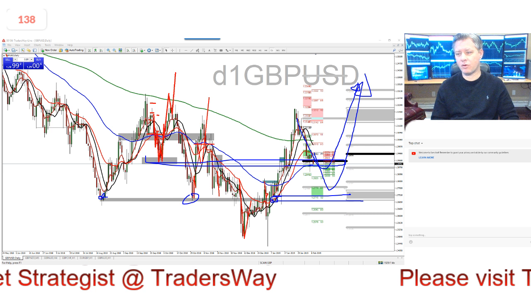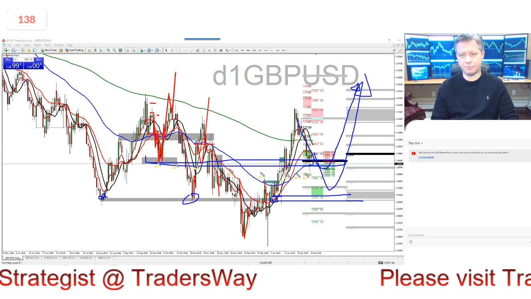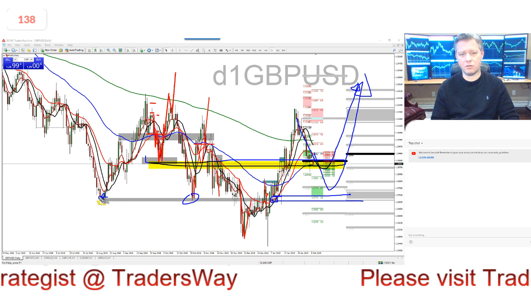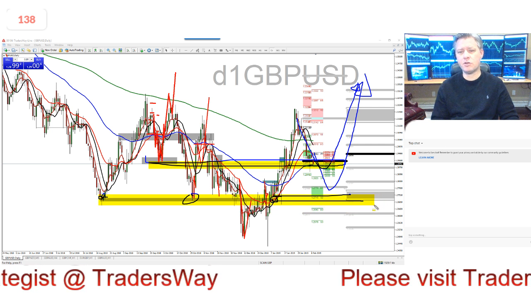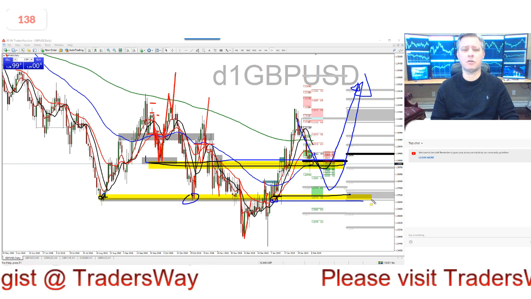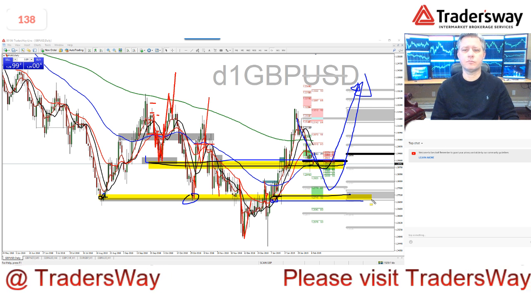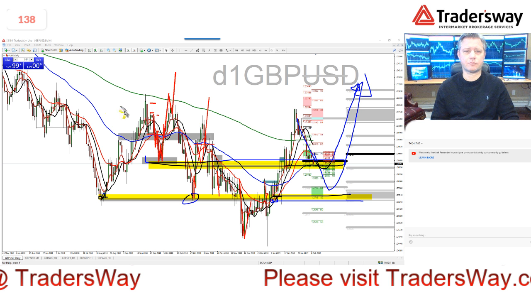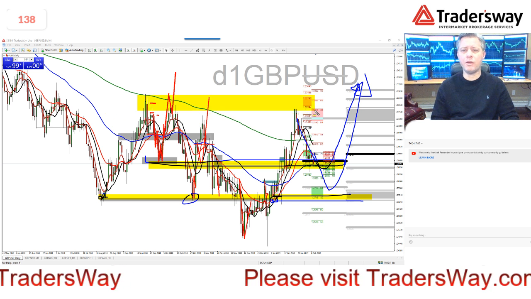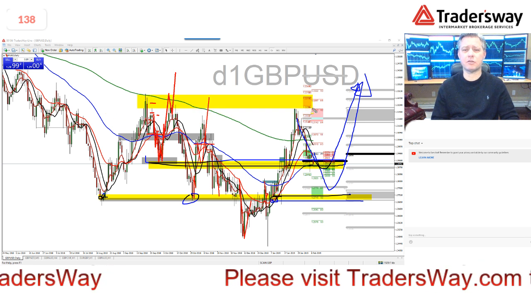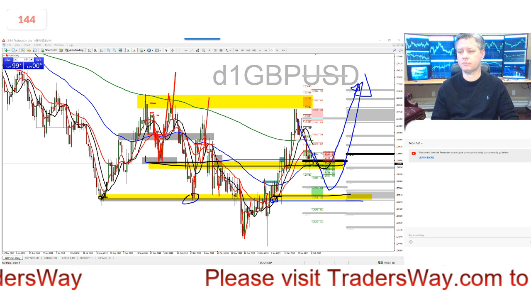And you can see we've already marked them up weeks ago. That this is a zone and that's a zone. This is a zone. Right? My only friend, the trend.